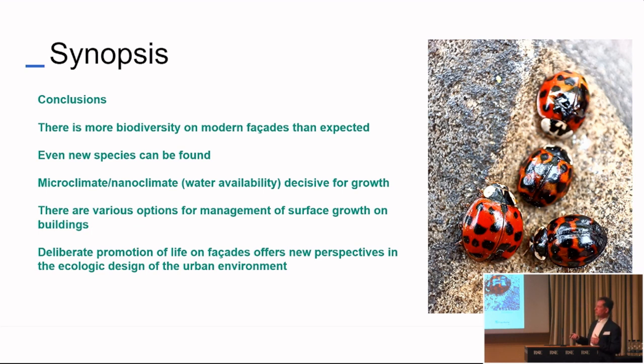So the nanoclimate on the surfaces is decisive, especially in form of water availability for this growth. And you have different options for management to get rid of them or to enhance them. And I'm convinced if we find a proper way to establish the nice algae and mosses on the surface, it would offer new perspectives in the ecological design of buildings and the urban environment.